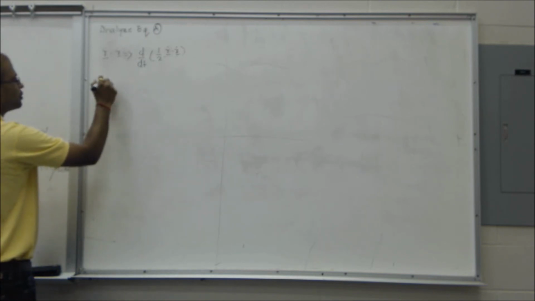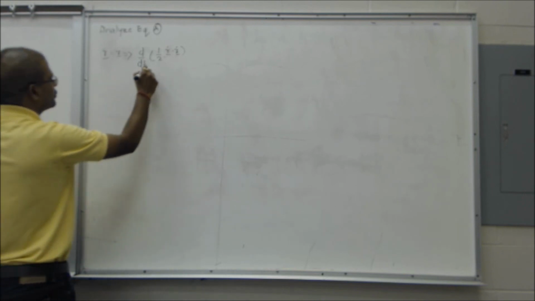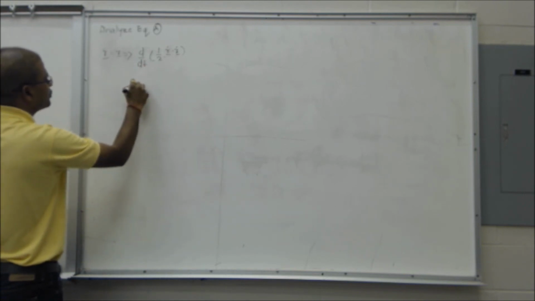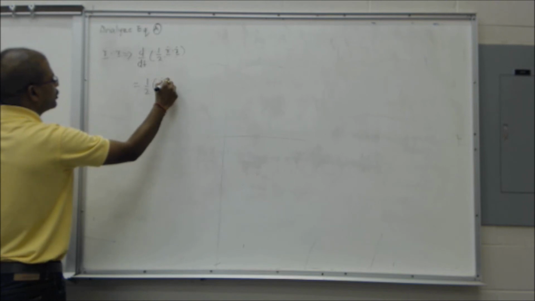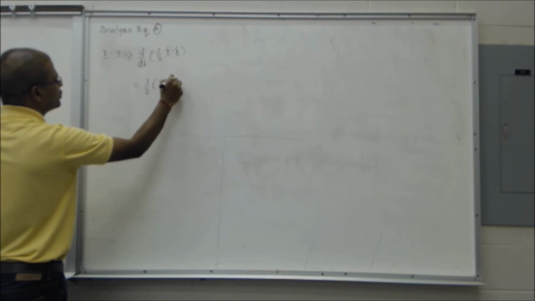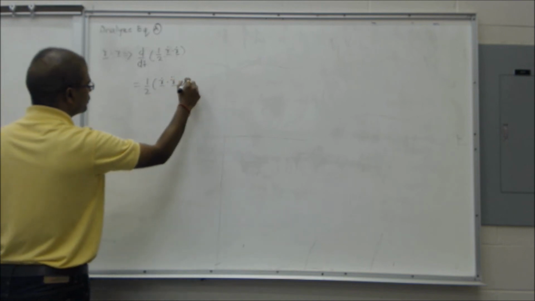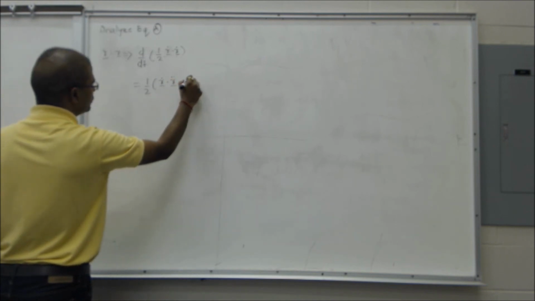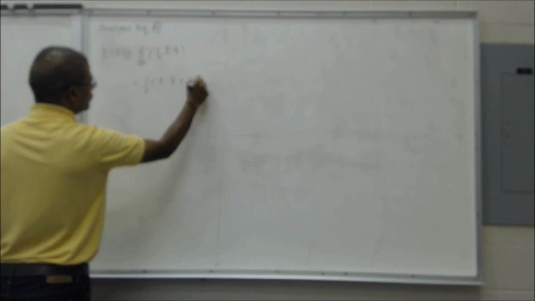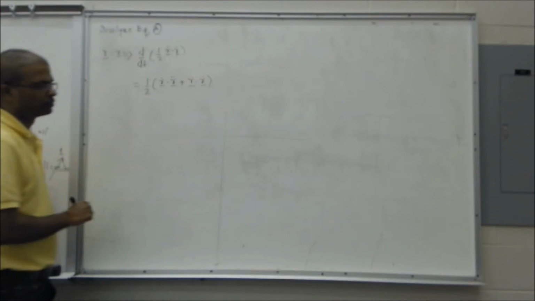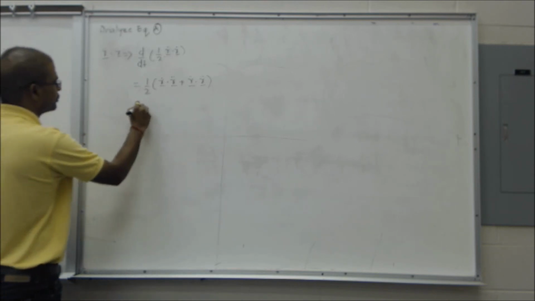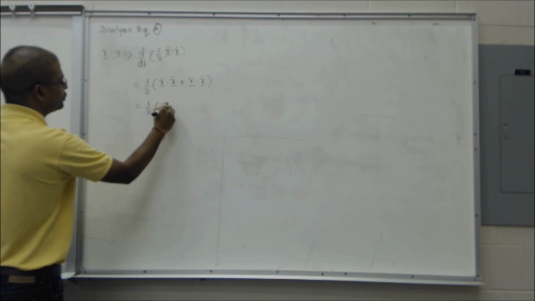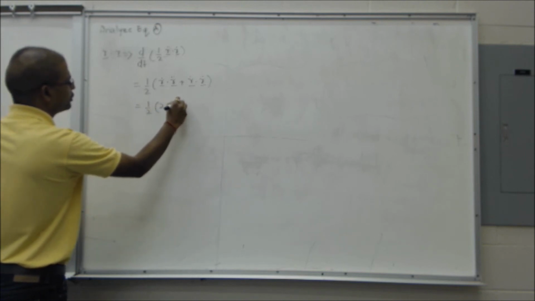What is this? You have 1 over 2 times R dot dotted with R double dot plus R double dot dotted with R dot. So this is 2 times R dot dotted with R double dot.